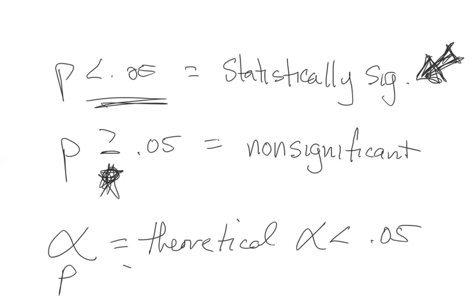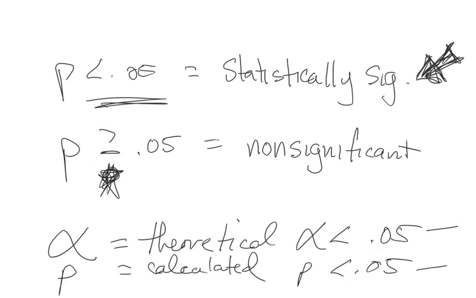P is calculated based on our data, and we use, of course, p less than 0.05. They really mean the same thing. This is just your theory, and this is just your practical result. This is based on data. This is based on our pre-existing idea.